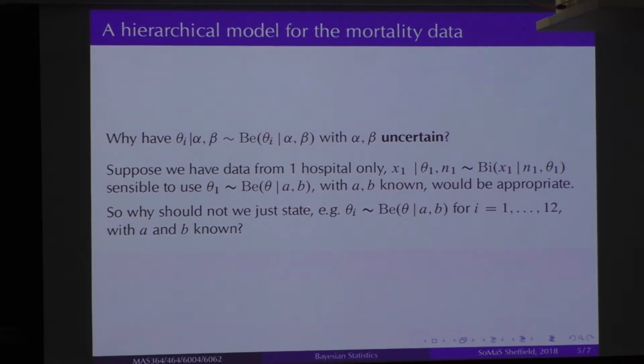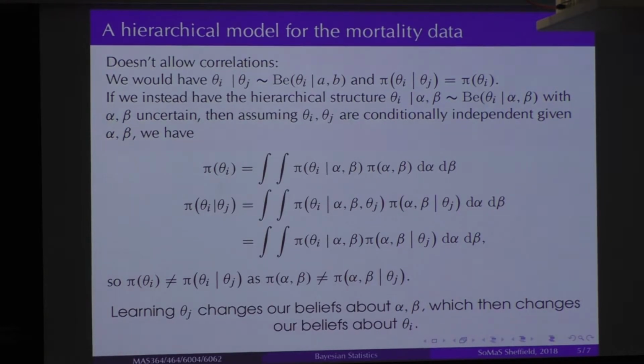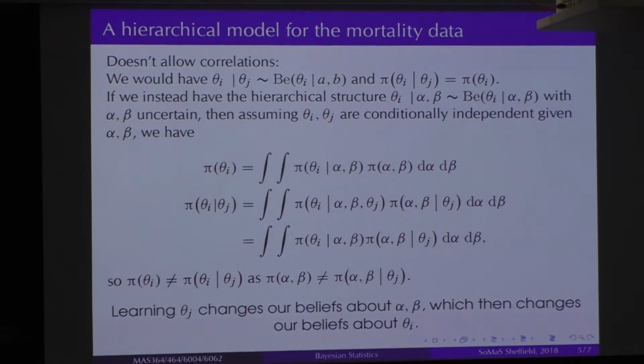So one way of doing that is to say that all the theta i's come from a common distribution, but then we will have distributions on alpha and beta, okay? And by doing that, this implies that the marginal priors will not be independent, okay? So that's all what I'm trying to say about this.